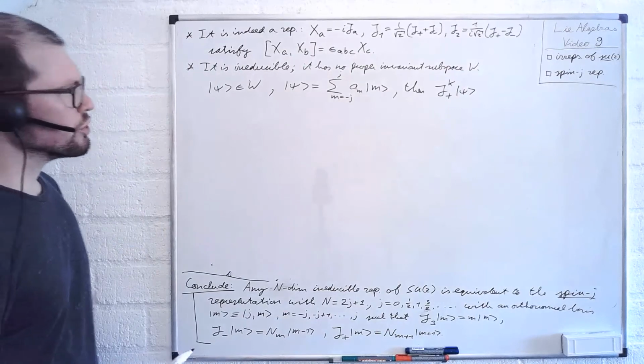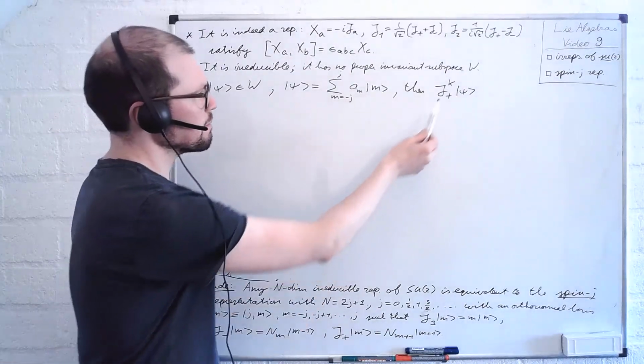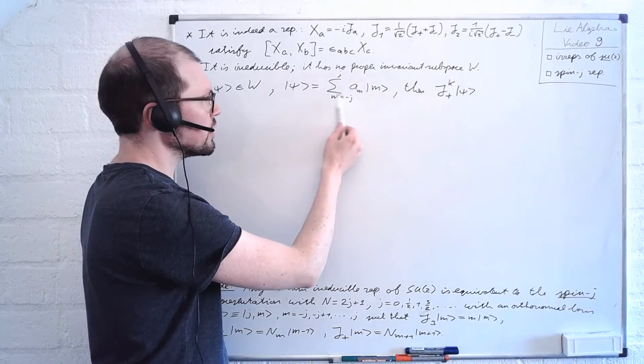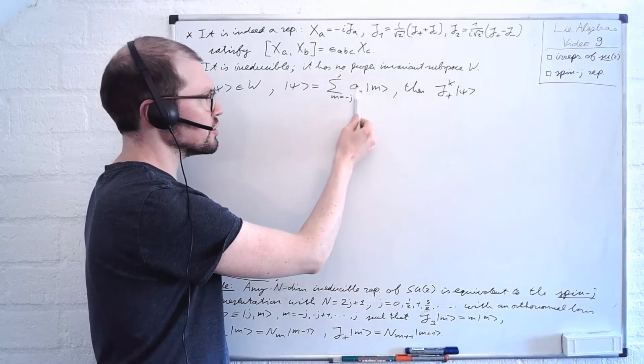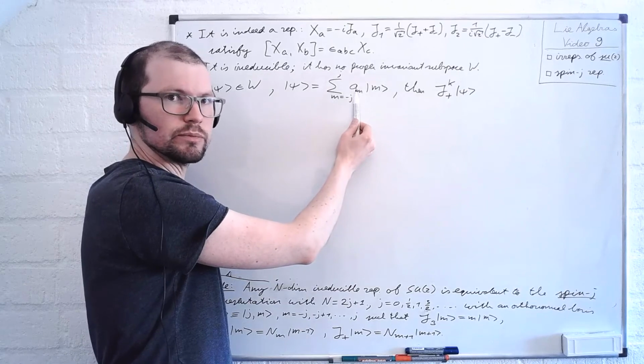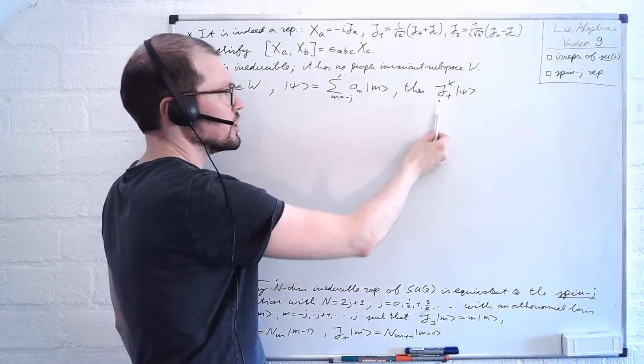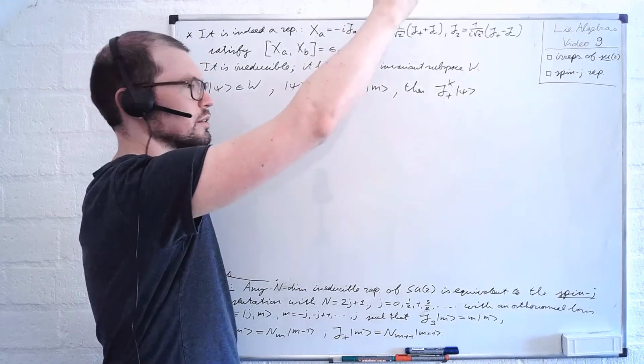So what should we choose for k? Well, suppose that when I take m equal to minus j, this is a non-zero quantity. Then I can raise it with j plus all the way to the highest weight.